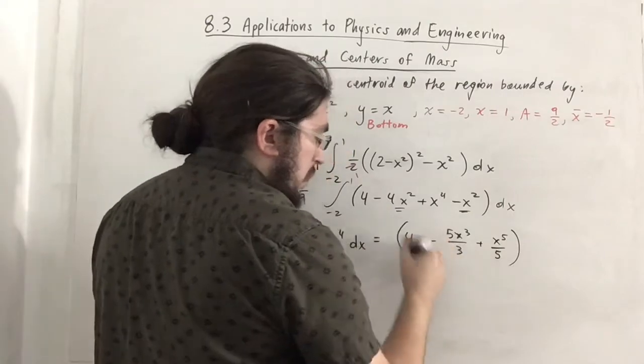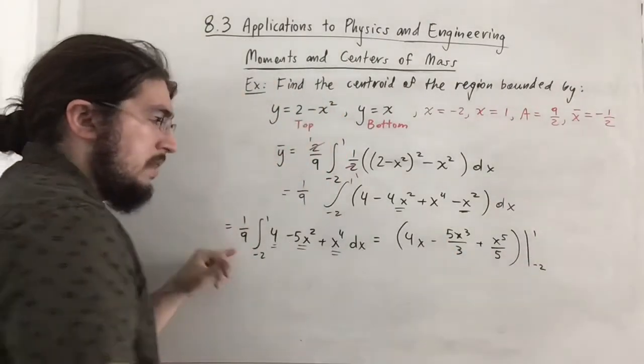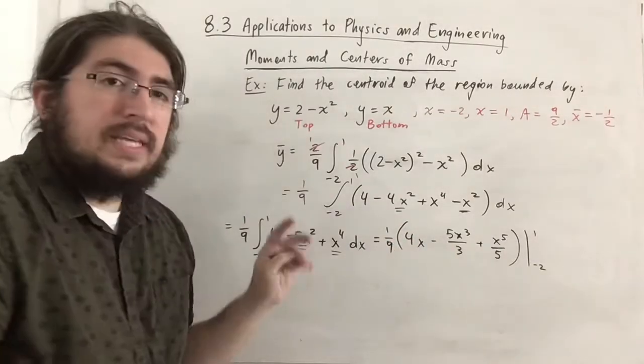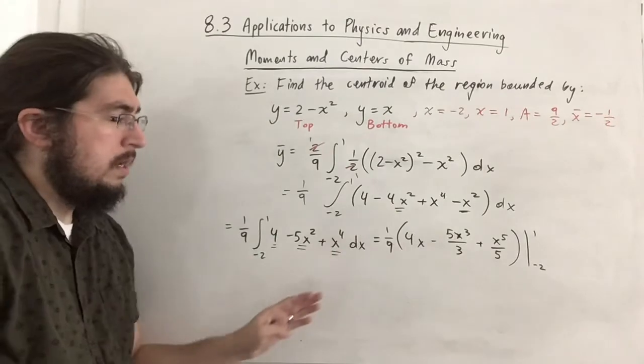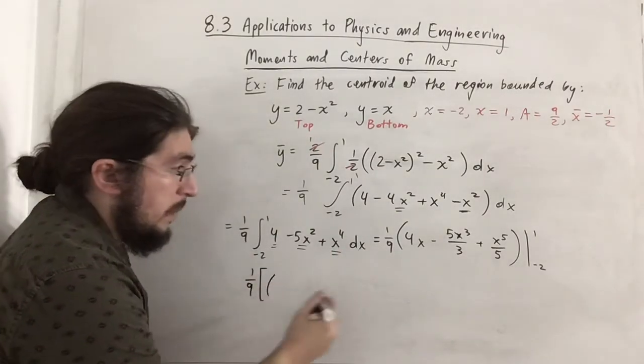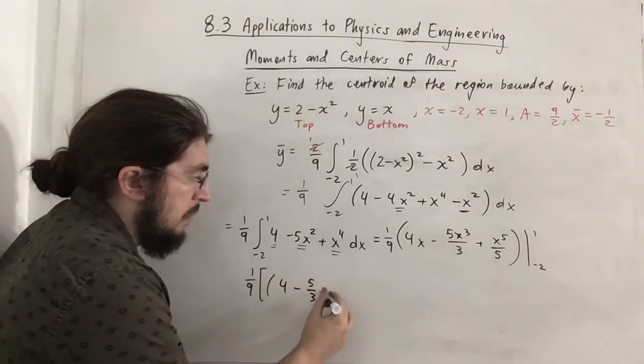And now finally we're going to evaluate this between the limits -2 and 1, and don't forget the multiplier 1/9 on the outside. When you plug in 1, notice for the first evaluation we basically just get 4 minus 5/3 plus 1/5.